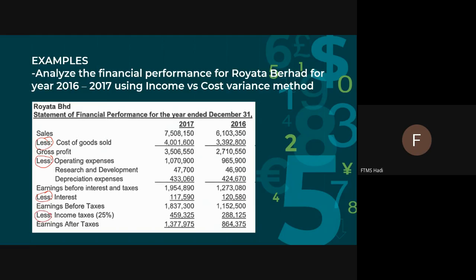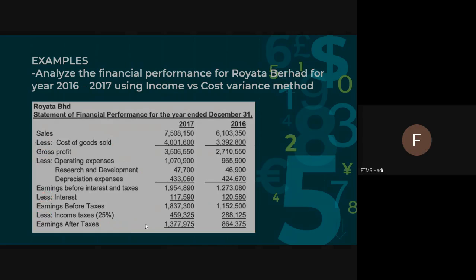That means we have cost of goods sold, operating expenses, research and development, depreciation expenses, interest, and income tax. Those less elements are considered costs because these are the sales, the only revenue that the company can get. They need to subtract every cost before you get this net profit.